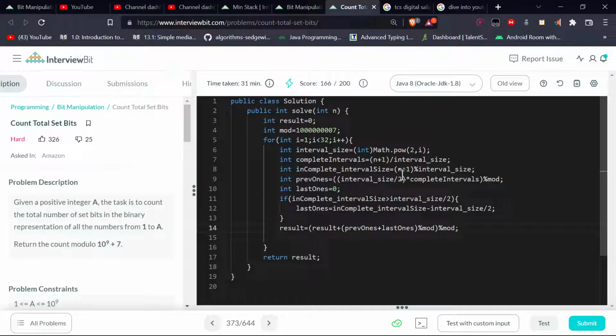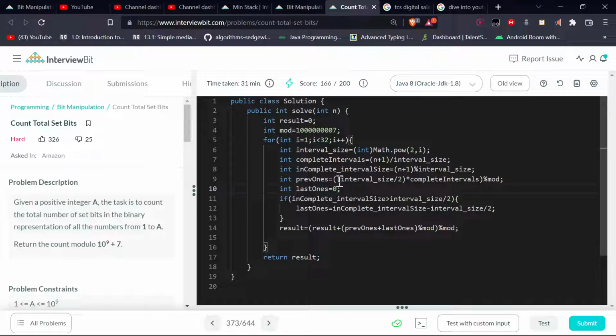This is nothing but the remainder which remains after dividing by interval size. Now the previous ones are nothing but the number of ones in the complete intervals at a given position.